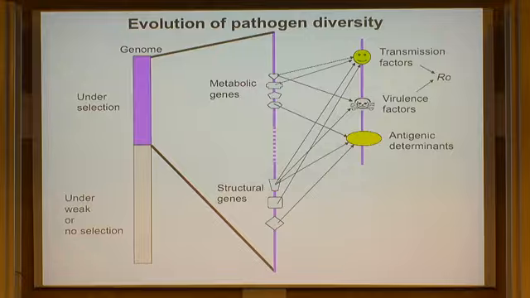The same gene can contribute to transmission and virulence and indeed be an antigenic determinant. Overall, this framework is what my group has been using to understand the evolution of diversity at all of these levels in a very large range of pathogens. Today, of course, I will focus only on the bacterial pathogens.